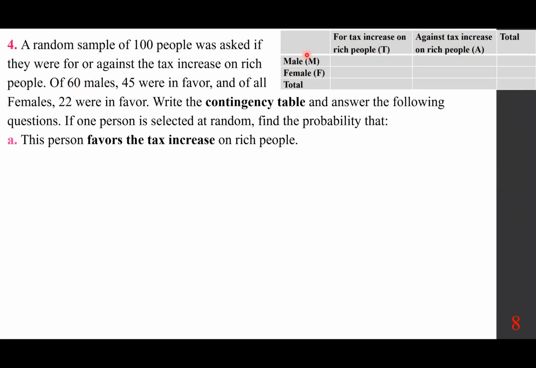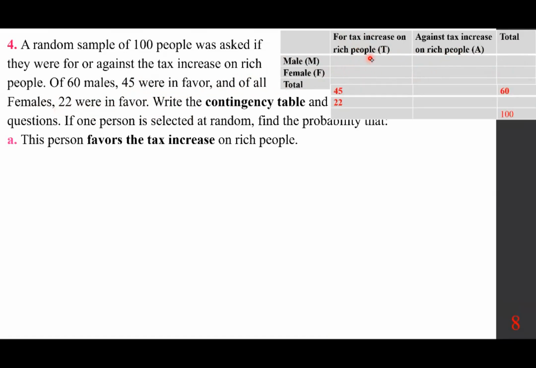Of 60 males, that means the total for males would be 60. 45 were in favor. So males, 60, in favor, 45. And of all females, they didn't tell us how many females, but they're saying 22 were in favor, so 22.